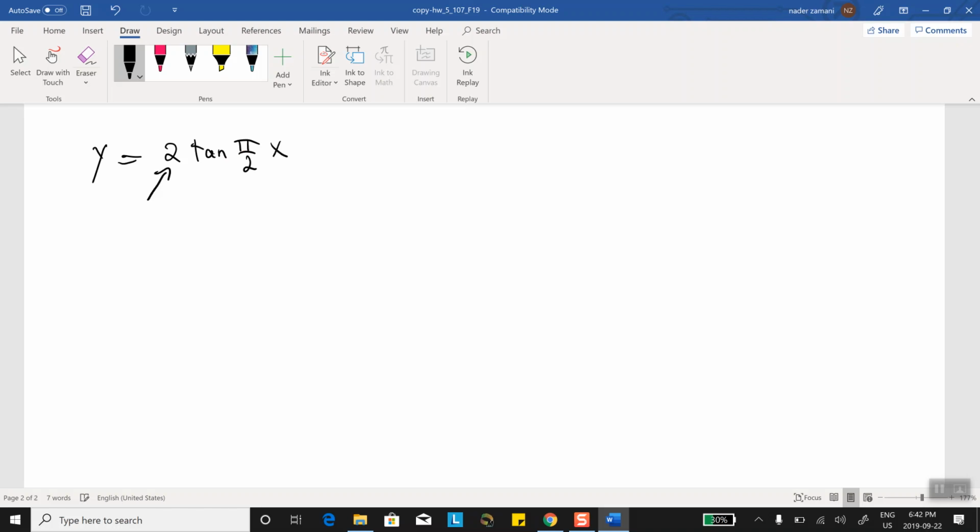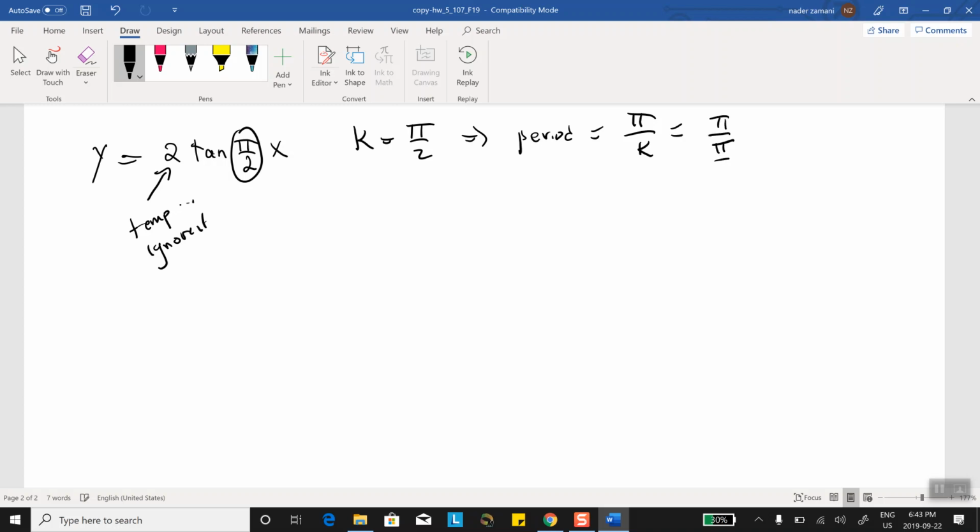Once again, temporarily ignore the 2. And this is the value of k. k is equal to pi over 2. That means the period is equal to pi over k, which means pi over pi over 2, and that is 2. So the period is 2.